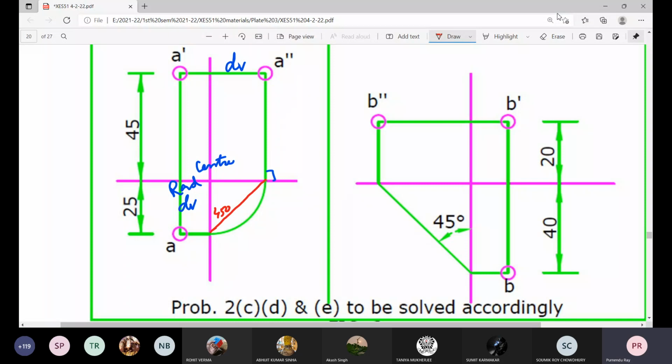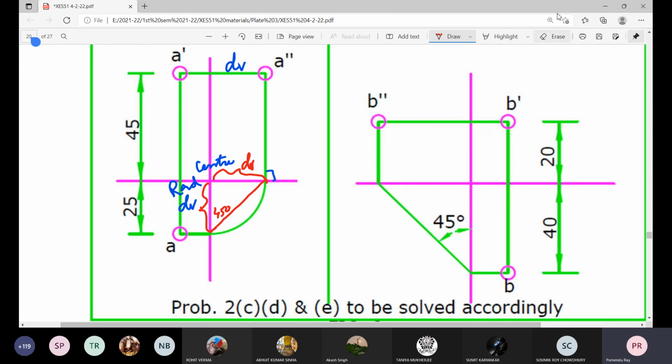Yes, sir. And this will be a right angled isosceles triangle. Yes, sir. Right angle isosceles. So this is dv and this is also dv. This is one method. Another method is also there to reproduce this distance or copy this distance dv to this horizontal line, so that the side view is at a distance of dv from the side axis.